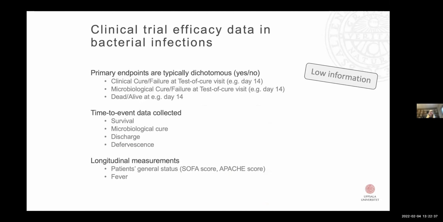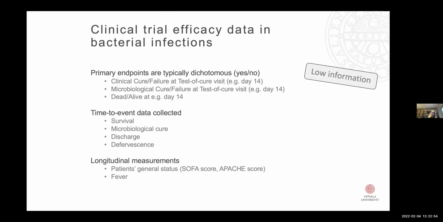Because if we look into what type of information we get from clinical trial studies, then in, for example, the gram-negative space, it's generally very low information data. So the primary endpoints are typically dichotomous.